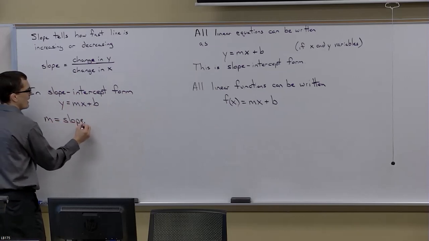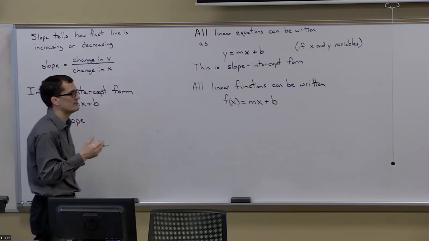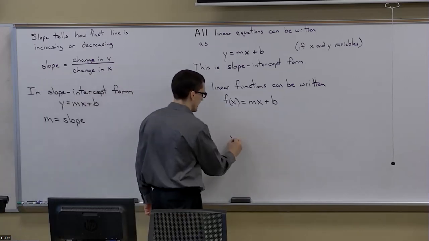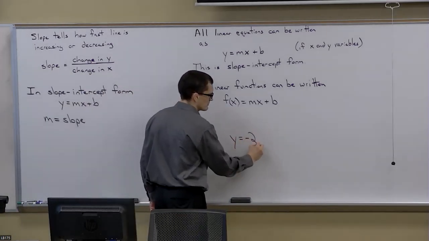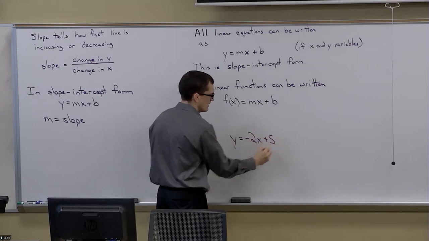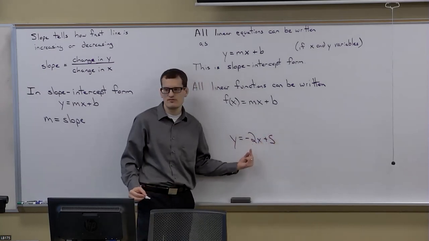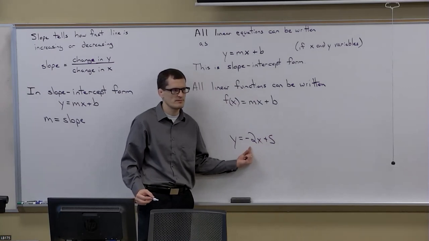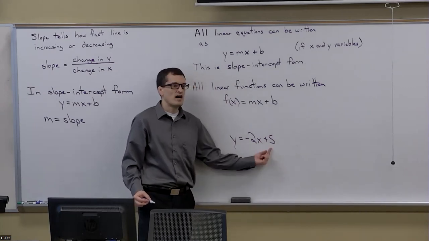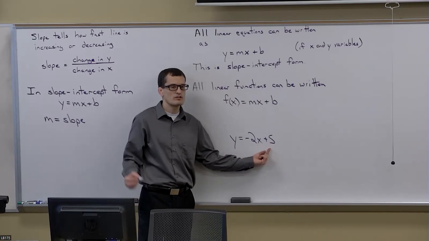And you probably saw I started at 0,5 each time. My equation was y equals negative 2x plus 5. So we had the slope of negative 2 we found each time. That 5 corresponds to the point 0,5.